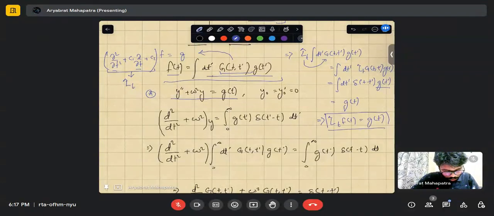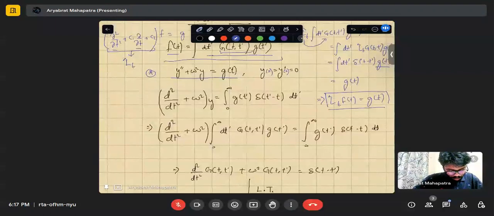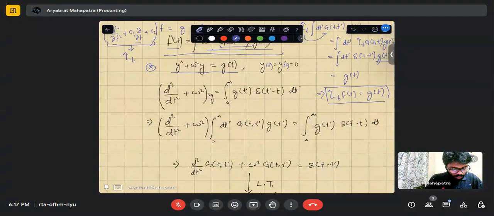These are basically your initial conditions. If I write a little better, at 0 your y and its derivative both are 0. So when you have this given differential equation and these initial conditions, how can you use green functions in this setup?